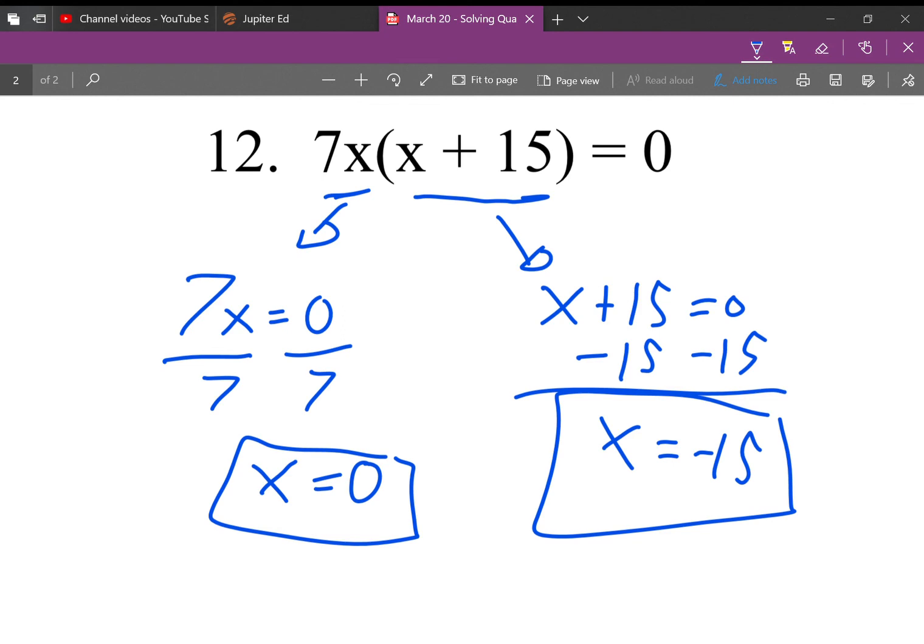The zero product property. What does it say? It says if two things multiply to get 0, either the first one is 0 or the second one is 0. So that's what gives us the authority to create these two separate equations, and then we just solve them using our Algebra 1 skills, basically. Alrighty, good luck with those.